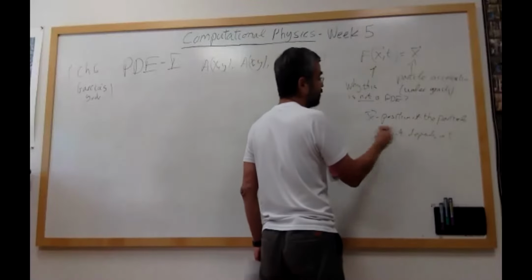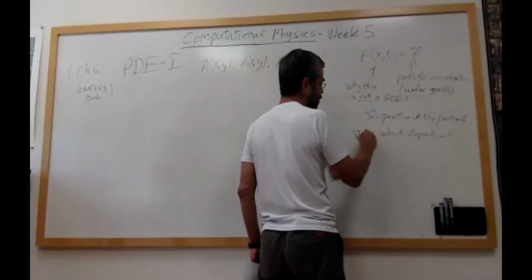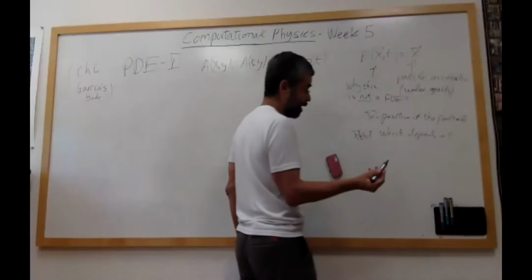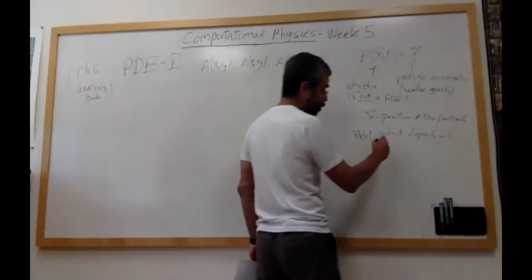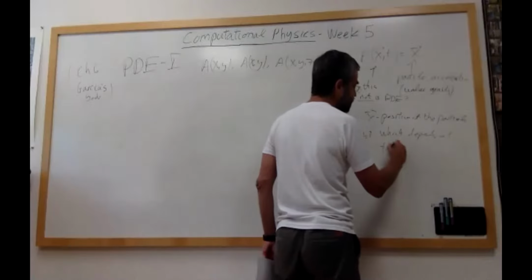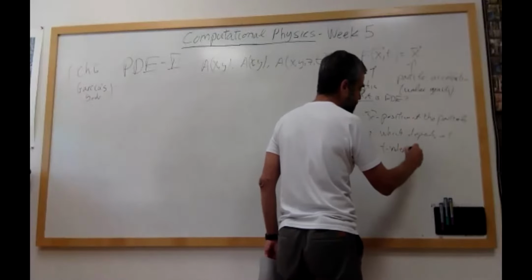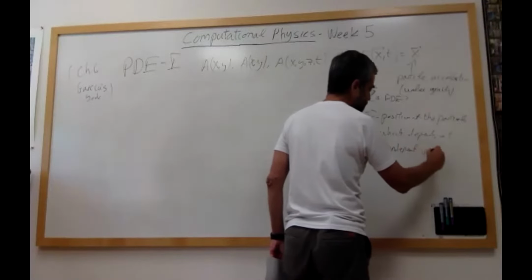And this is what we are trying to find. What is x of t? This is what we are trying to solve. But only t is the independent variable.